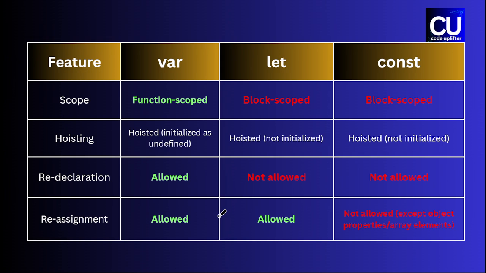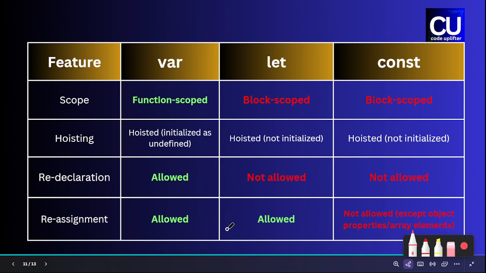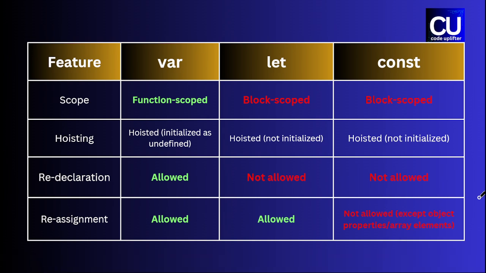So if we do a comparison, you can keep a screenshot and save it on your device for future use. Scope: we know that var is function scoped, let is block scoped, and const is also block scoped. Hoisting: all follow hoisting, but var is initialized with undefined, while let and const are not initialized.